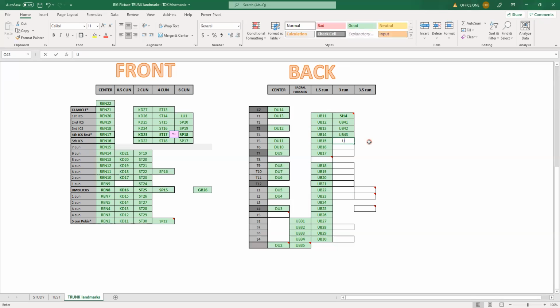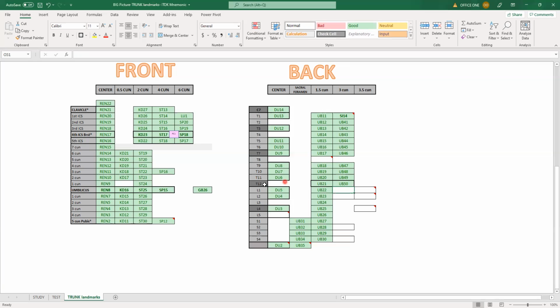UB43, UB44, UB45, UB46. So you see 1 plus 3, 4, 7 minus 1, 6. So 46. We skip T8 and then we continue UB47, UB48, UB49, UB50.